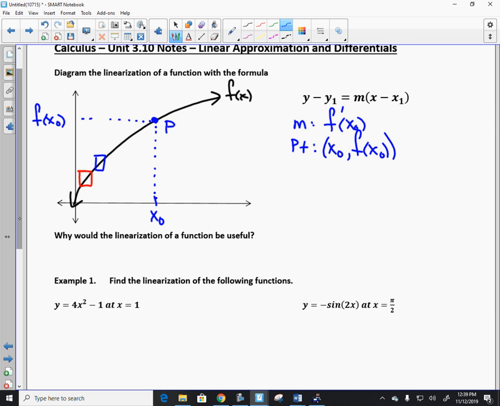So as we plug that information in, y minus y1 is equal to m times x minus x1, what we have is y minus f of x sub 0 equals f prime of x sub 0 times x minus x sub 0.